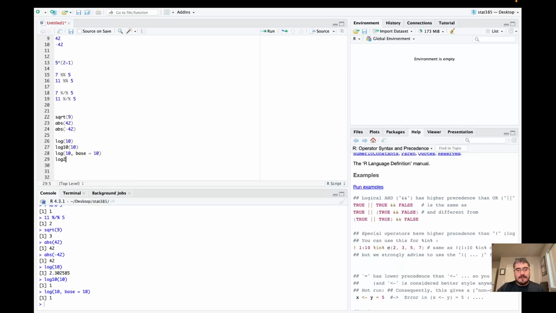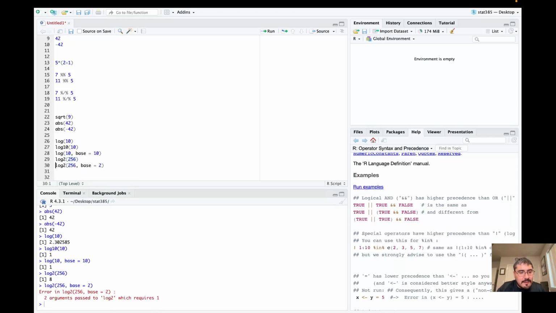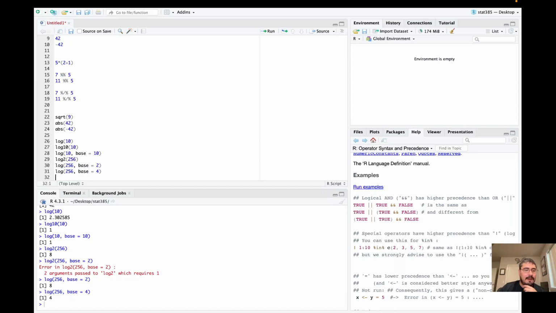There's also log 2, or again, like I said, you could specify the base directly. There we go. Just out of curiosity, we can see we can change it to other things. Right, so there is no ln, the default is log.